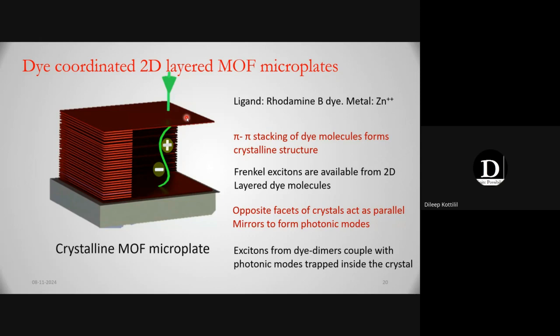The reason why it is enough is because in order to get strong coupling, we had an equation before. We just need to get a large number of molecules coupled to a cavity mode at the same time. So we had a factor called N, if you remember. In this figure we have just, maybe 50 layers, but in reality there are thousands of layers in a single crystal.